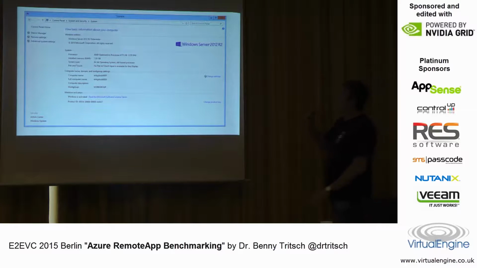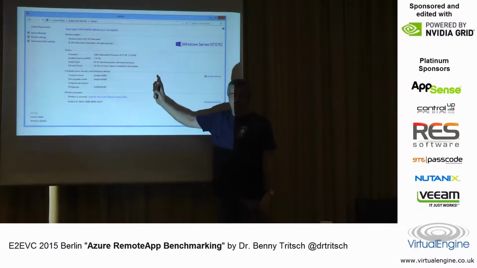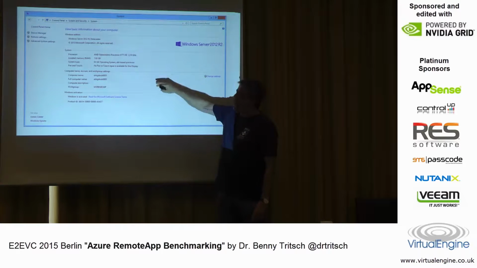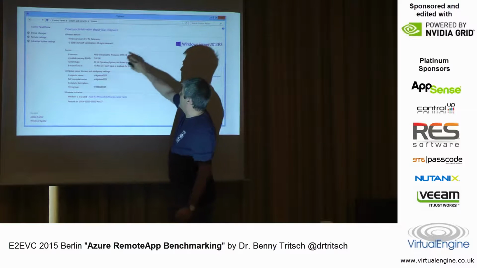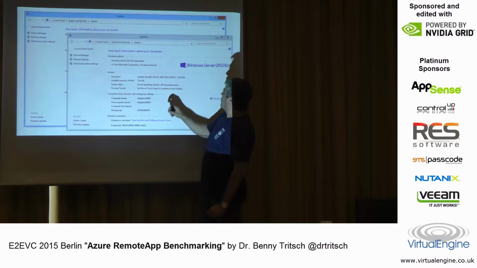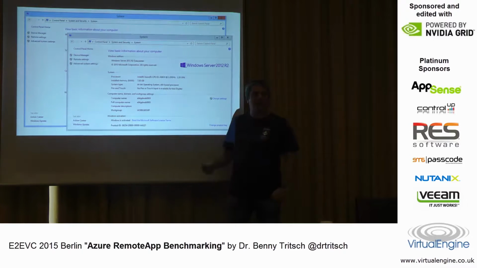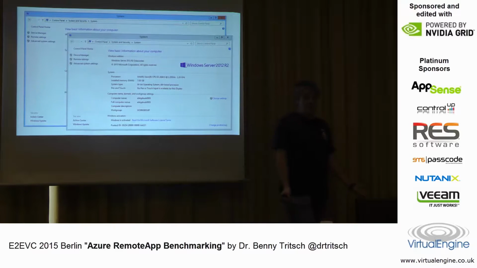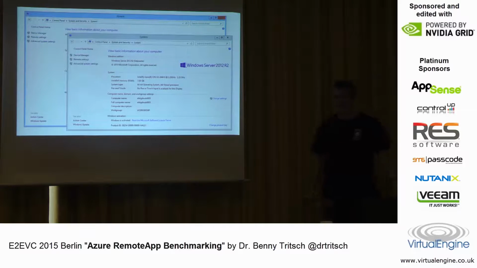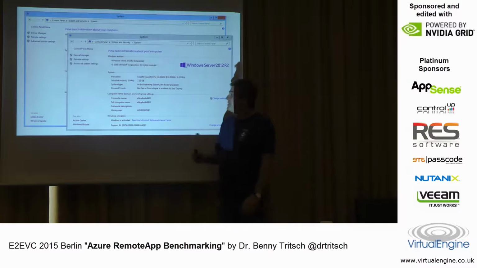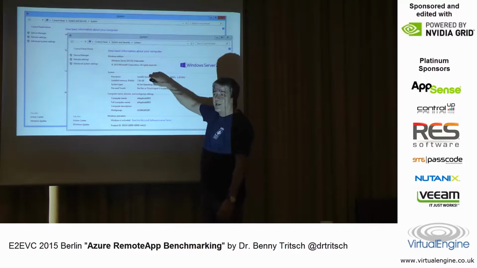Another funny thing was, depending on the plan we were using, it was either, in this case, an AMD Opteron, or it was an Intel Xeon. So there was not really a schema behind that. Sometimes you had an AMD CPU and sometimes you had an Intel CPU.